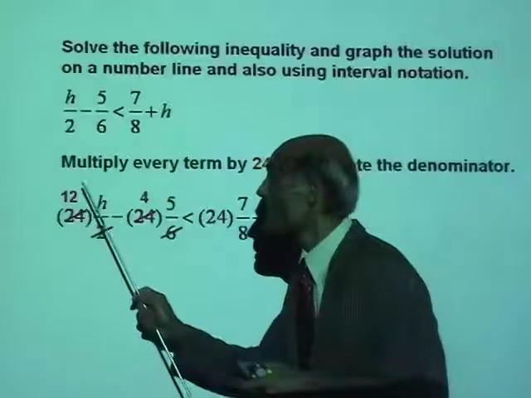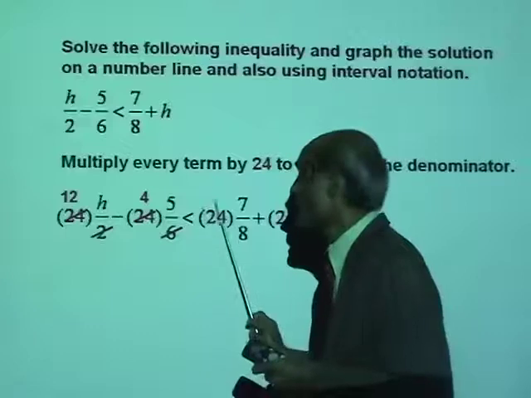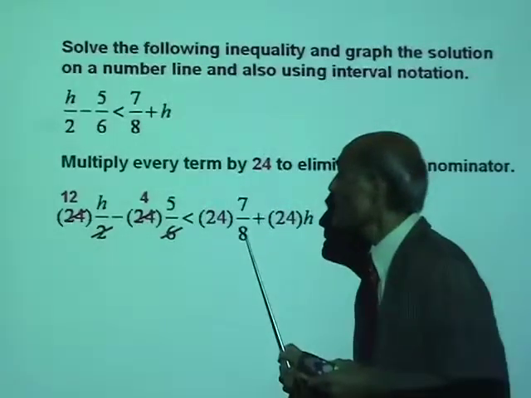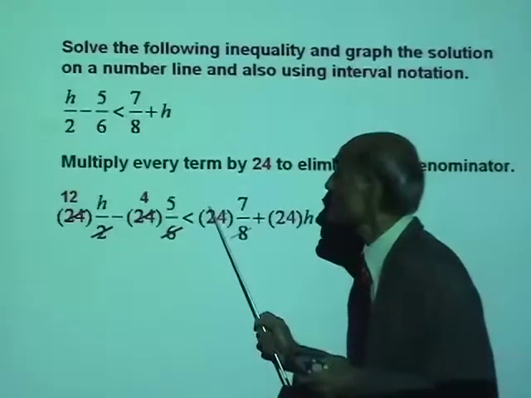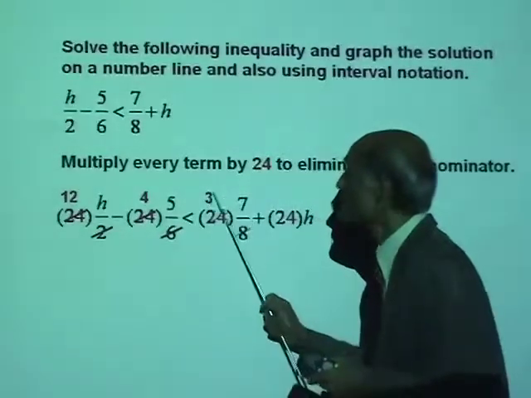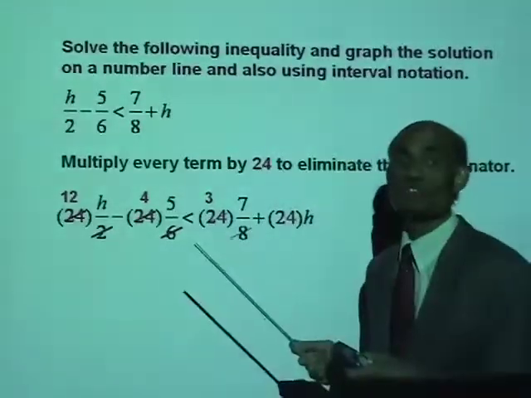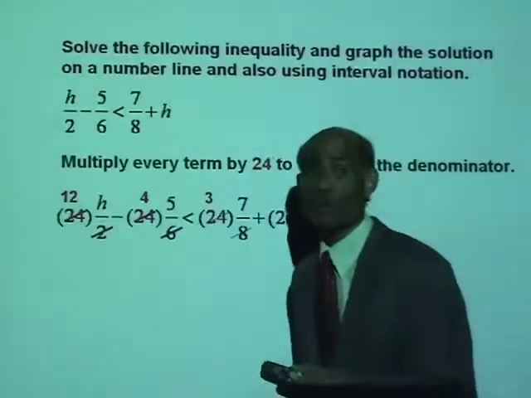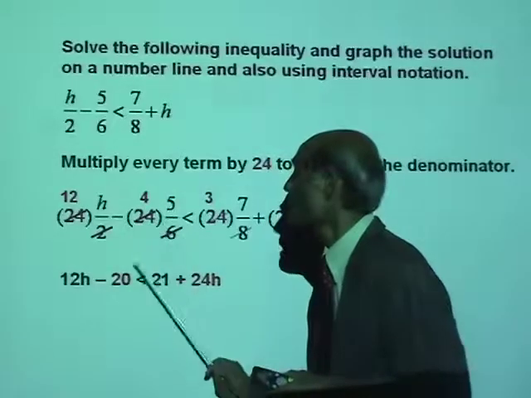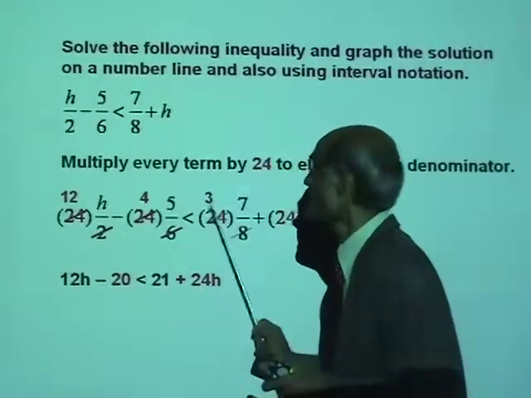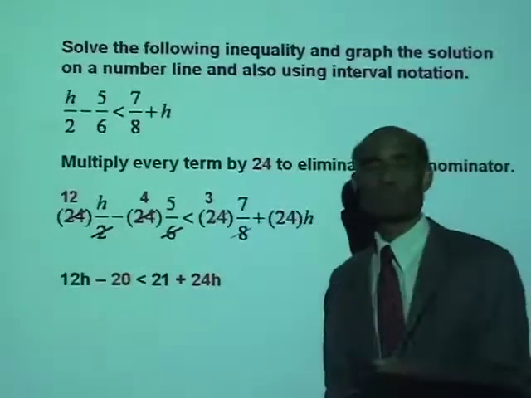So the left side now is 12h minus 20 less than 8 goes in 24 how many times? 3 times. And 3 times 7 is 21 is that term. Plus 24h. Okay, write the next step. What will be the next step? 12h minus 4 times 5 is 20 less than 3 times 7 is 21 plus 24h.